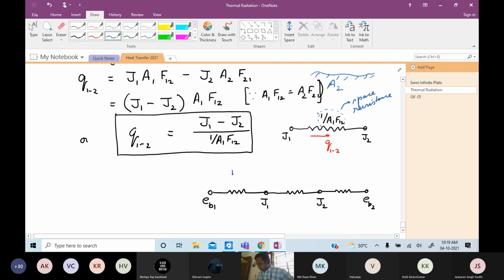The first resistance, 1 minus epsilon 1 divided by epsilon 1 A1. The second resistance, 1 over A1 F12. The third resistance is 1 minus epsilon 2 divided by epsilon 2 A2. These are resistances in series, and this is this Q.